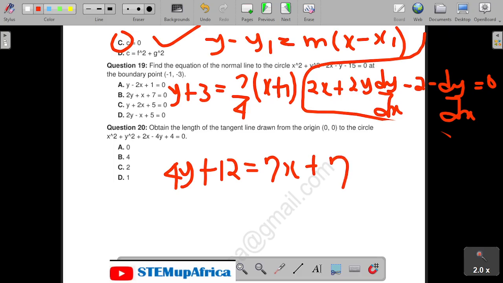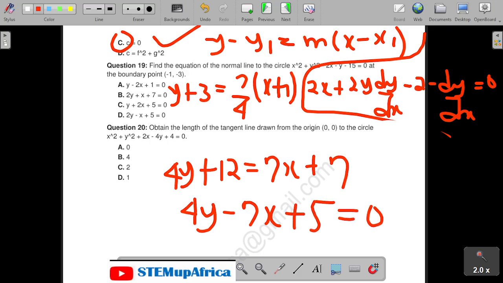So that will give us 4y minus 7x plus 5 equals 0. There is no clear answer, but this one looks similar, with a typing error.